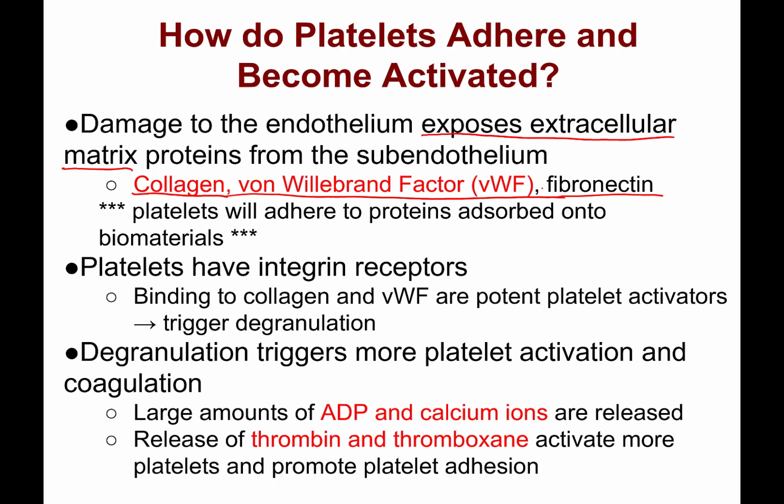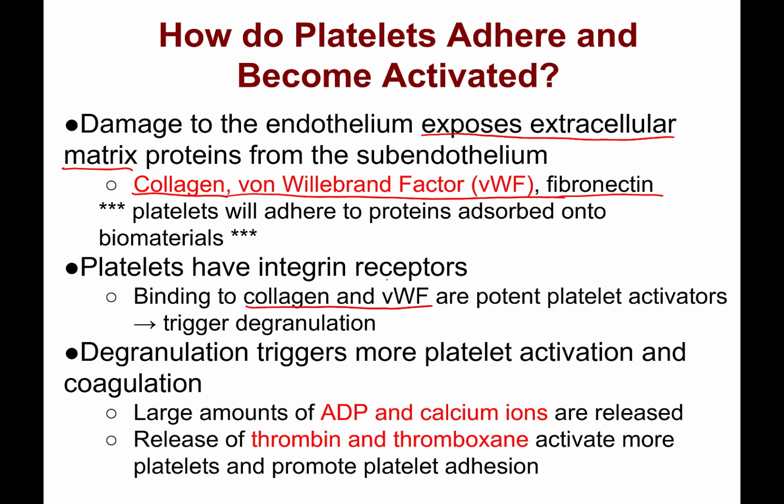And so this mechanism of adhesion is very much like cell attachment. So if you recall, as we said a couple slides back, platelets are just cell fragments. So they also have integrins on their surface. And they have integrins that recognize these proteins. So they have these integrin receptors that can bind collagen and von Willebrand factor. I made those two in red above because those are potent platelet activators.